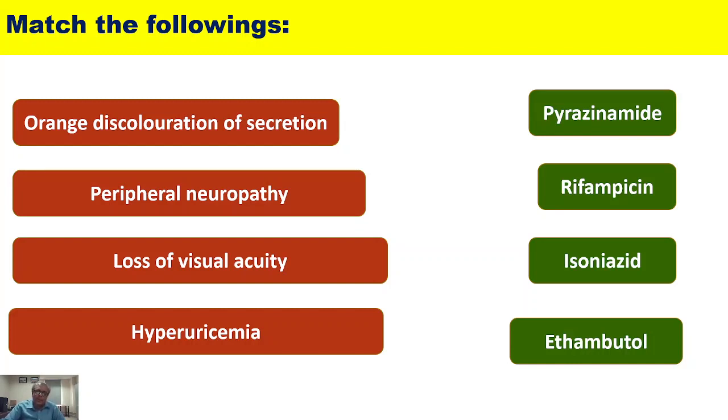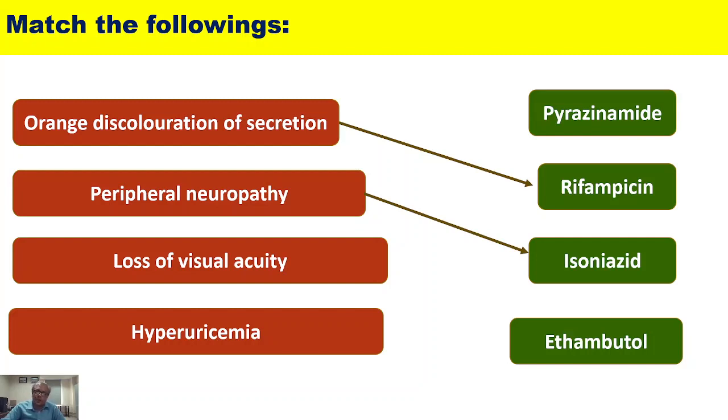Rifampicin leads to orange discoloration of all the secretions, and prior information should be given to the patient. Even though it is not harmful, it has to be informed to the patient before giving the therapy. Peripheral neuropathy is a common adverse effect of isoniazid, which can be prevented by giving pyridoxine.